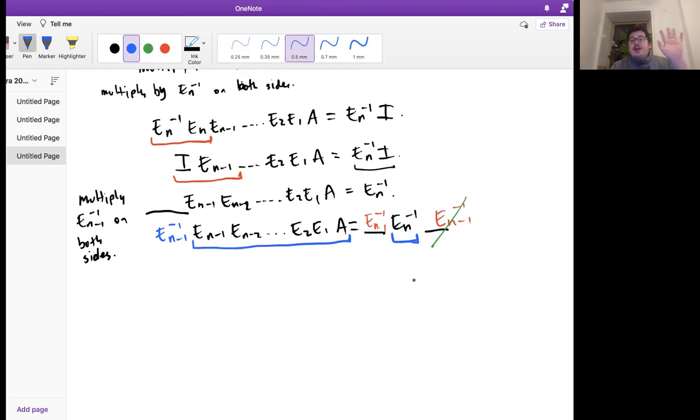So if I multiply this matrix by E to the n minus 1 on the left, then I must multiply this matrix by E to the n minus 1 inverse on the left. So this is something to be careful about with matrices, because you do have to care about where you multiply. Okay, everyone understand that nuance there?